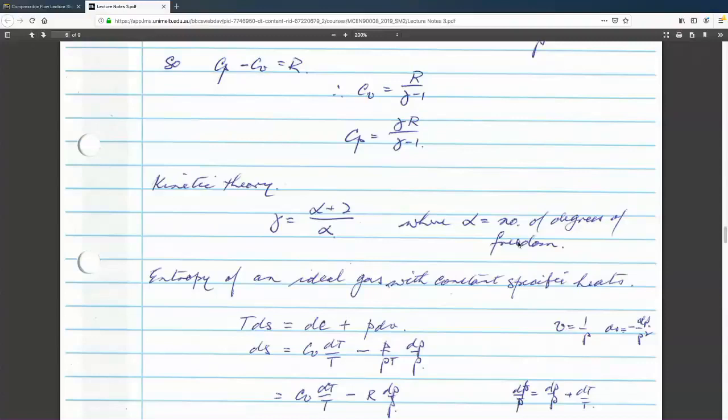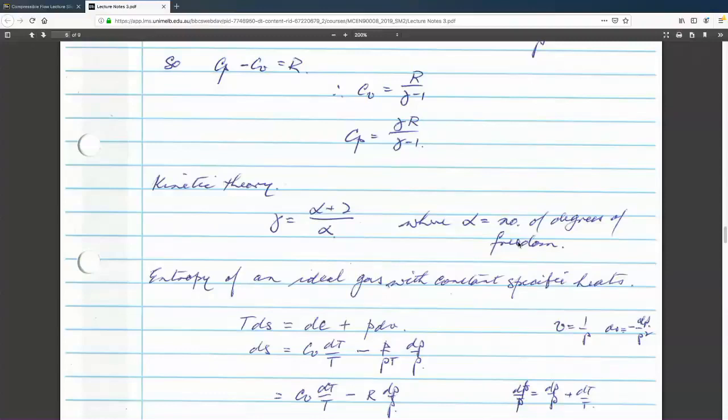There's, in addition to going up, across, or down, or back, 3 spatial directions, it can rotate, but it can rotate with significant energy only not about the axis between the 2 atoms. We're going to ignore that. We're going to rotate this way and this way. So that's 5 degrees of freedom.